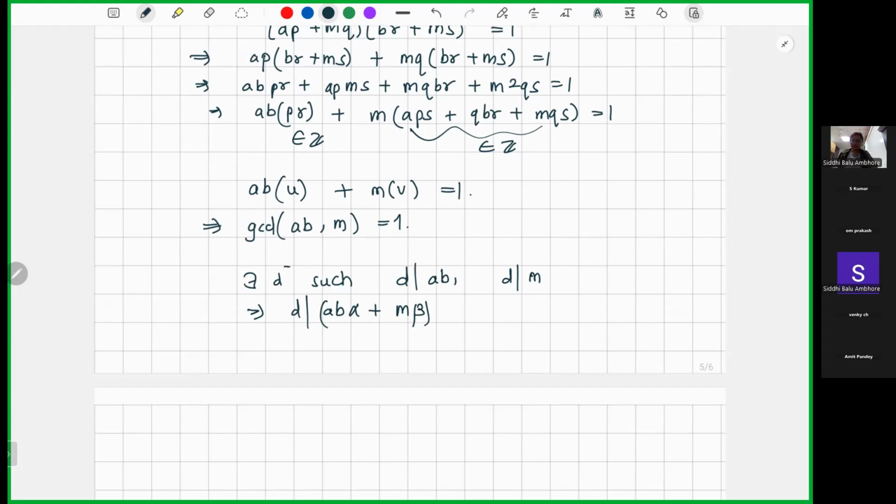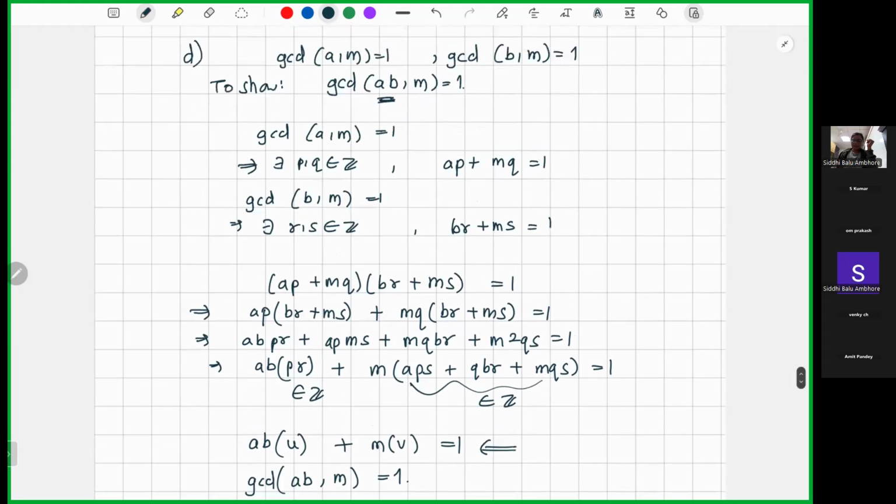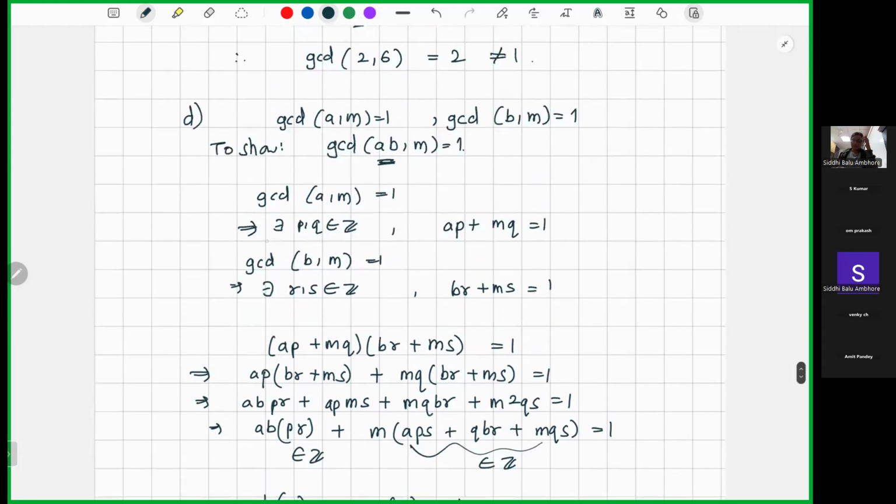So if this D is greater than 1, this will always happen. Once I have 1 here, this gives me that the GCD of these two elements is 1. This we can say only in terms of 1.